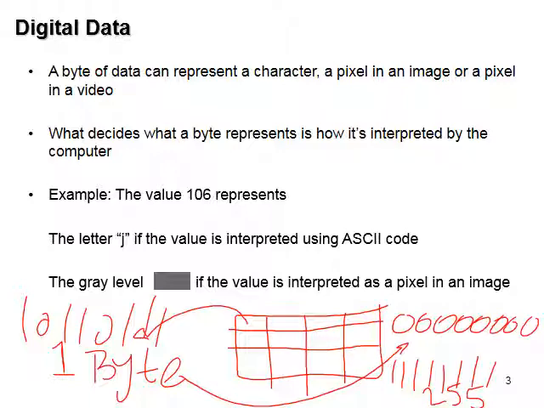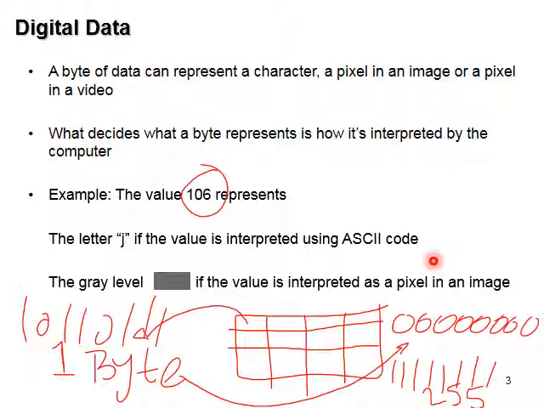So the value 106, if we convert it from decimal to binary, and we see on the scale from black to white what this number represents, it will represent this shade of gray. So 106 would represent the small letter j if that byte represents an ASCII code, and it would represent this shade of gray if the value is interpreted as a pixel in an image.